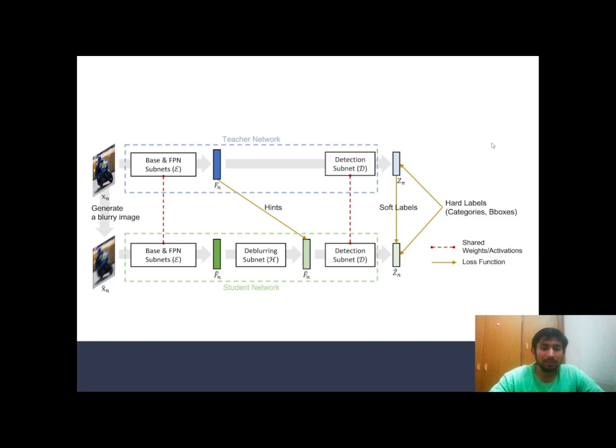The student learns blur agnostic features using high quality feature hints and soft labels, like bounding boxes and category probabilities, provided by the teacher network. This enables the student detector to mimic the sharp image feature space even when it receives blurred inputs.